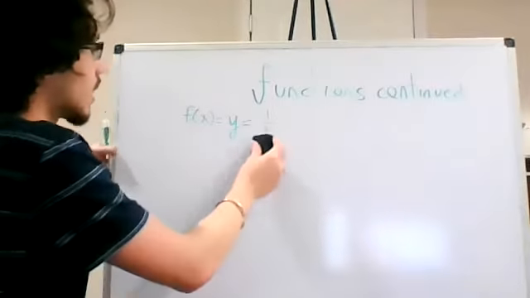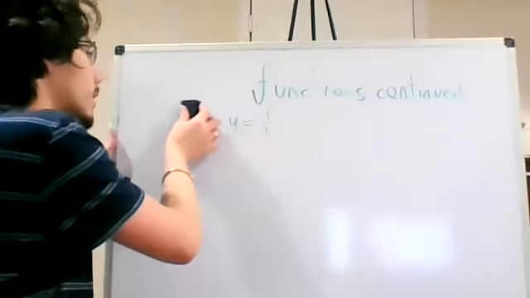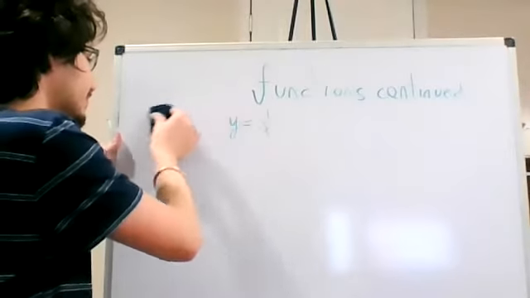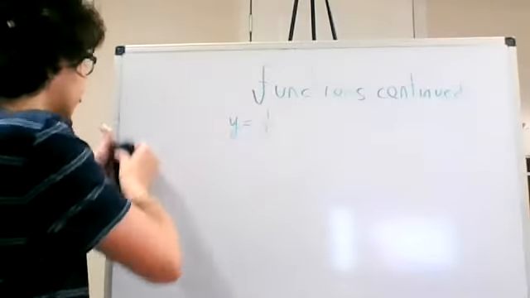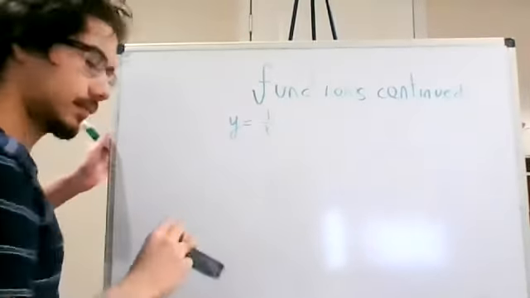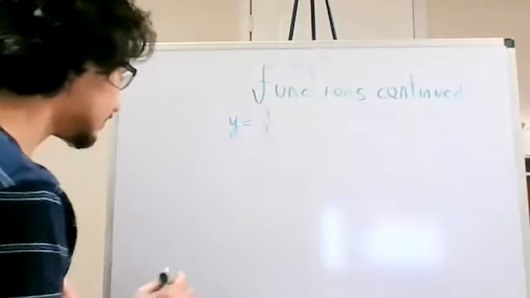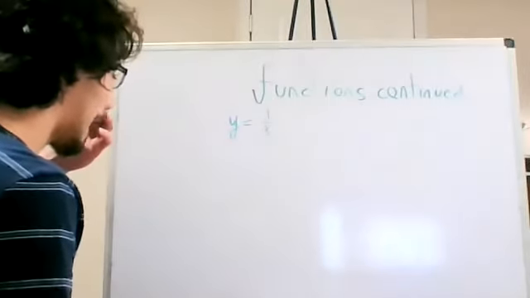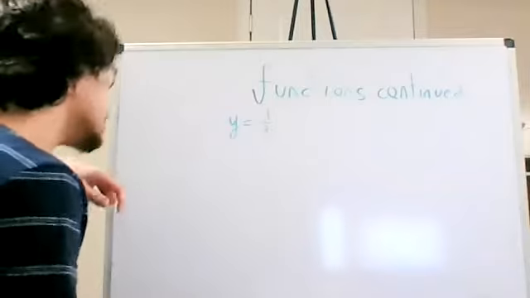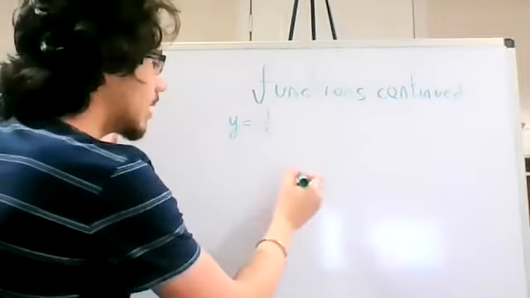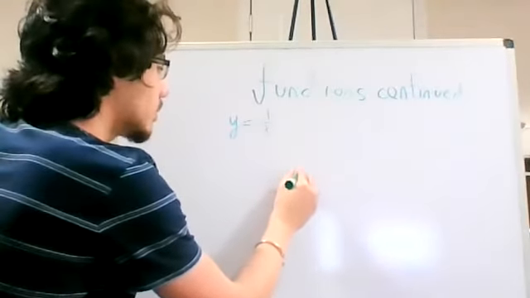So y equals 1 over x. People do not inherently know what this function will look like.